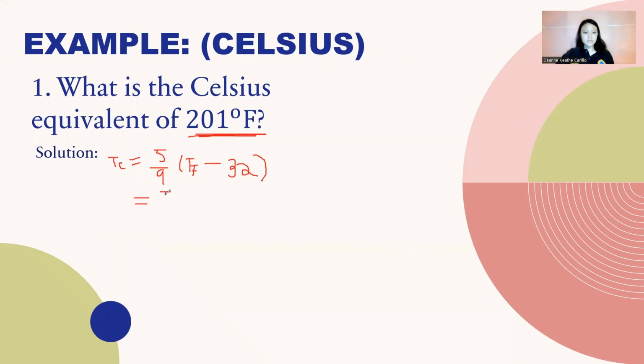The next step is, let's copy the fraction first, the 5/9. And what is the given for our temperature Fahrenheit? 201 degree Fahrenheit minus 32.